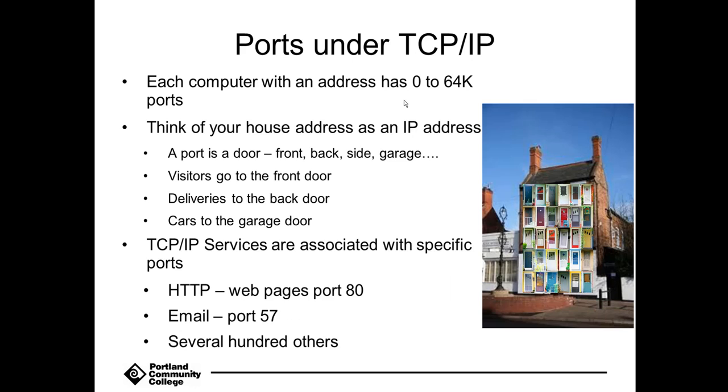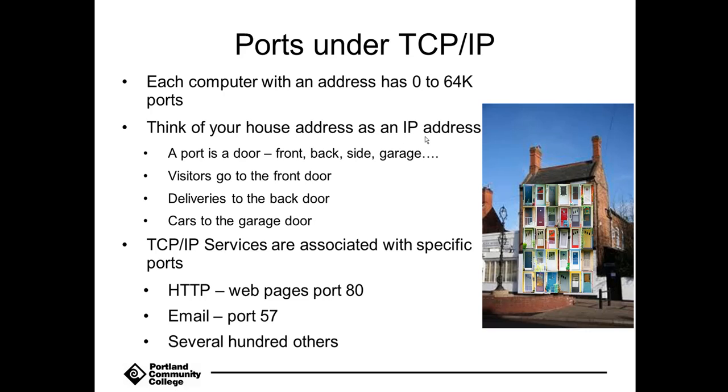Now, there's a second level of addressing that we can think of, and these are ports. TCP/IP has this notion of ports on each PC. In addition to its address, a PC also has basically 64K different ports. Similar to the apartment building analogy, think of your house address as an IP address.